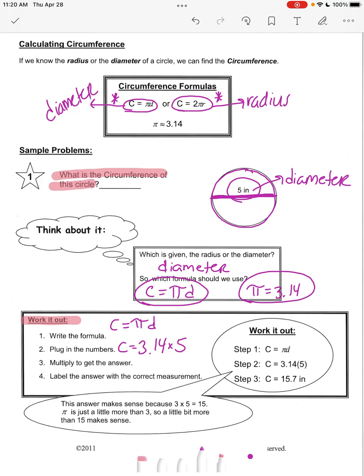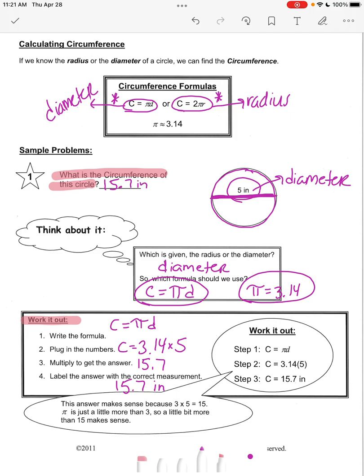So in your calculators, we're going to do 3.14 times 5, and we get 15.7. And then just make sure we have the correct measurement, which is inches, so 15.7 inches.